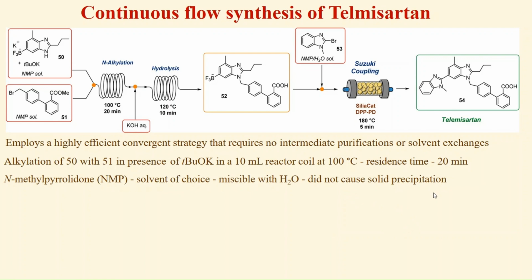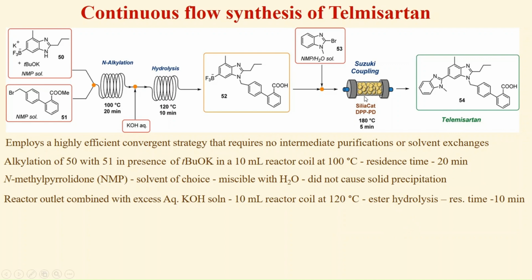The formed alkylated derivative was hydrolyzed by using potassium hydroxide solution in a 10 ml reactor coil by heating at 120 degrees centigrade for 10 minutes. The ester hydrolysis occurs to give rise to the corresponding carboxylic acid derivative.